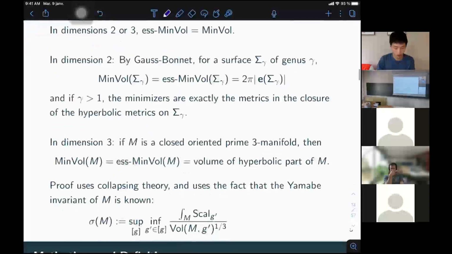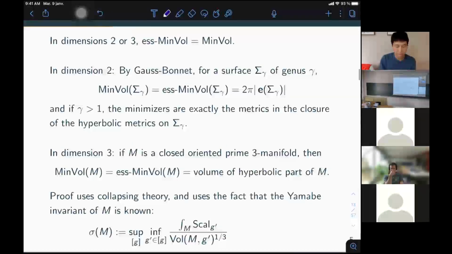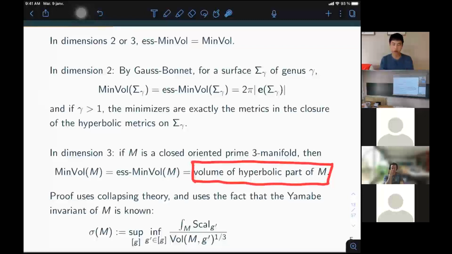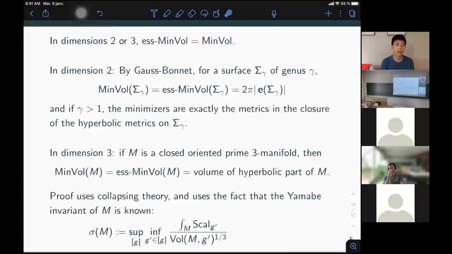In dimension 3, what you can say is that if you start with a closed, oriented, and prime 3-manifold, then the essential minimum volume, and the minimum volume also, is equal to the volume of the hyperbolic part of M. Remember that in that case, M is obtained by gluing finite volume hyperbolic pieces with some graph manifold.